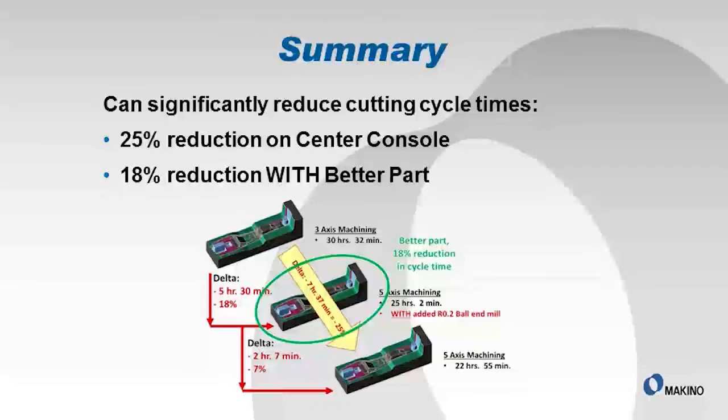The reason we did that is we couldn't even do that on a 3-axis approach because the tool could not get down into some of the features. But that's finishing up and giving us a very pristine, perfect match and blend so that when that part comes off, we don't have to take it over to a bench and finish it. So even with adding that machining back in, we've reduced that part cycle time by 18%, and we've gotten a better part off the machine tool.